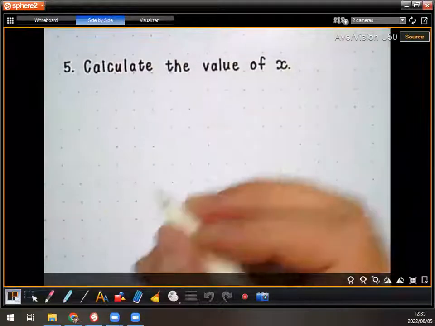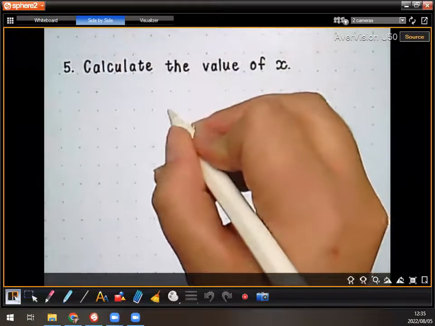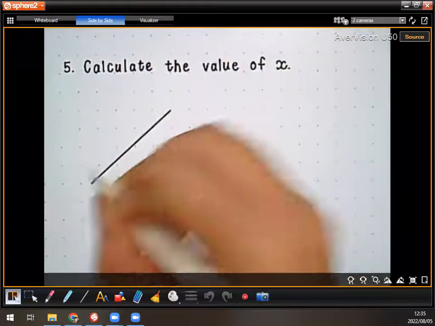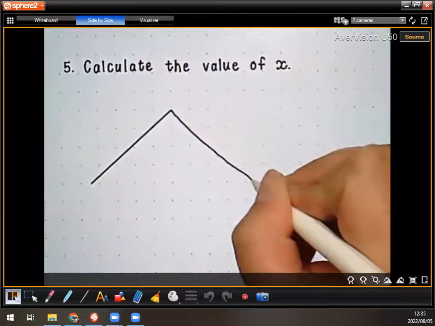Okay, we are drawing a triangle. You don't have to draw an isosceles triangle, but you can maybe try. So it's okay if it doesn't look like one.